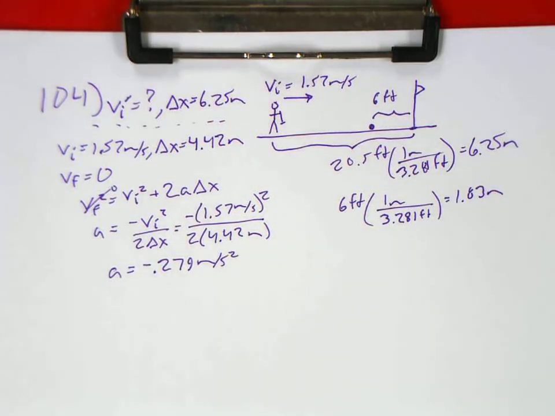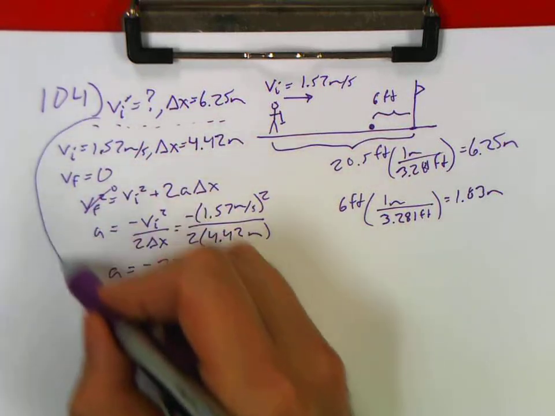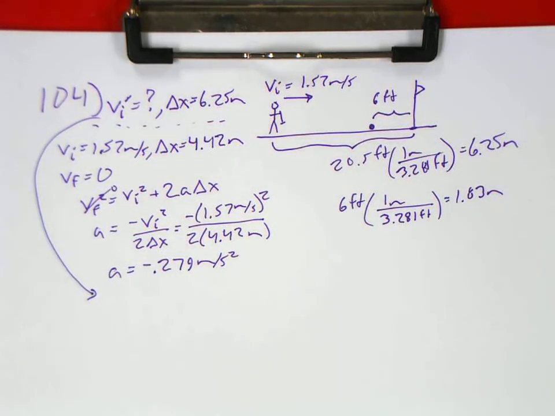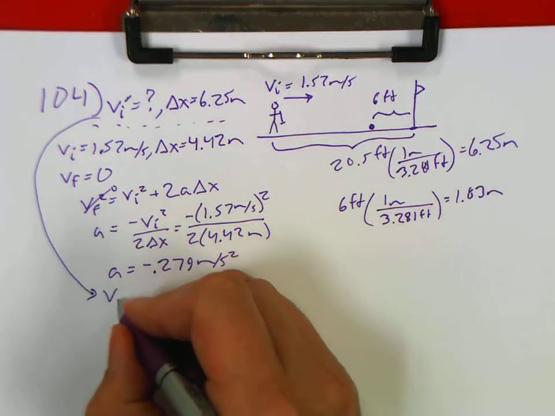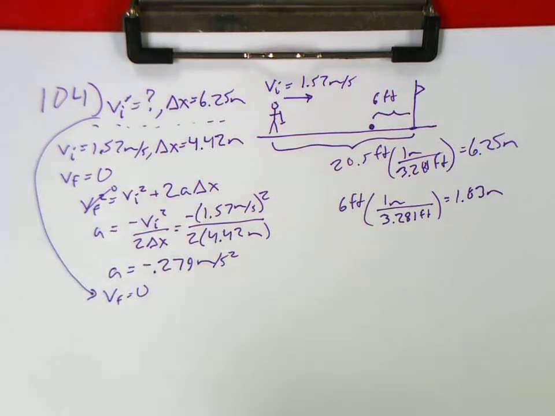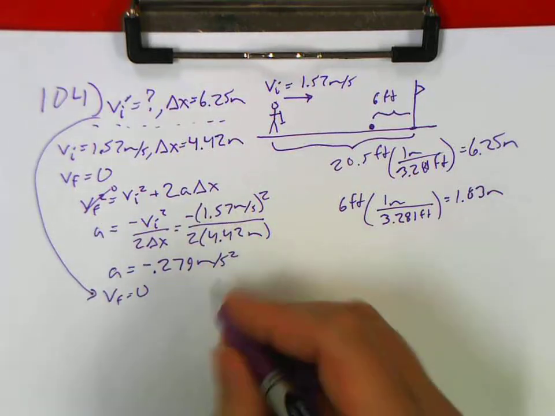All right, now with that, we are going to return to our initial situation. We're going to bring these guys in on the picture. And we know that if you were to make it into the hole, once again, your V final would be equal to 0. And again, we do not have time, so that means we're going to use that equation again.